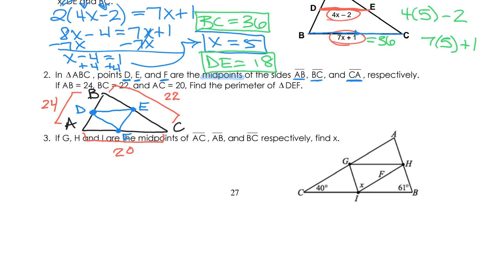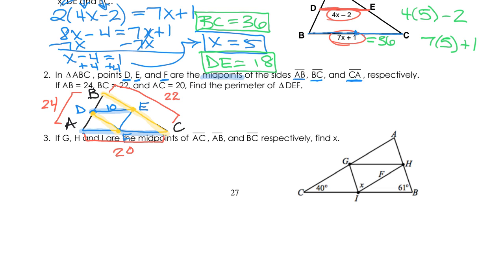And so if I see that this is 20 here, I know that the side parallel to it is going to have half the length. And so I can go ahead and fill this length in as 10. Okay. The side that had a length of 22, the side that's parallel to it will have half its length.